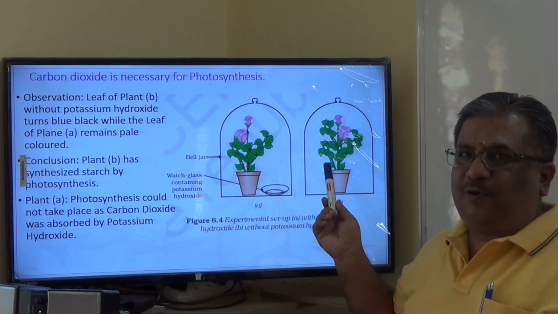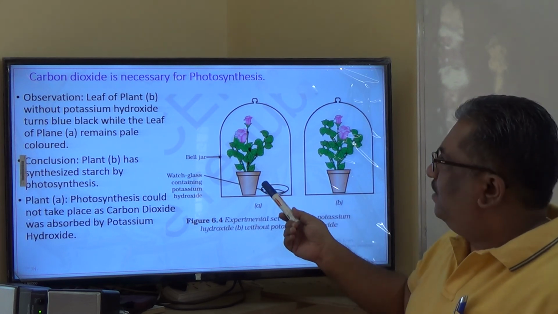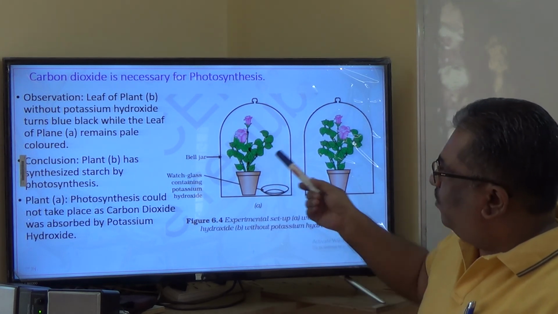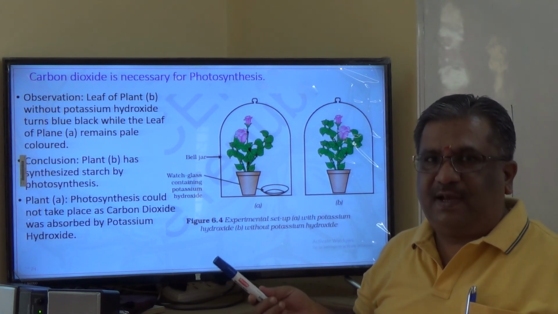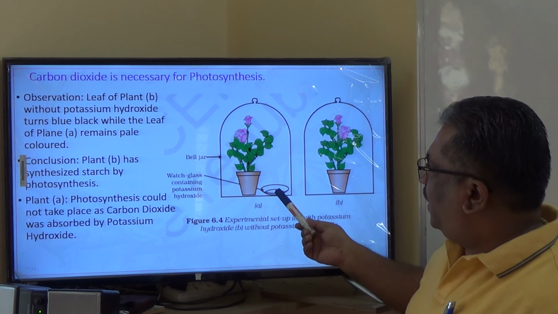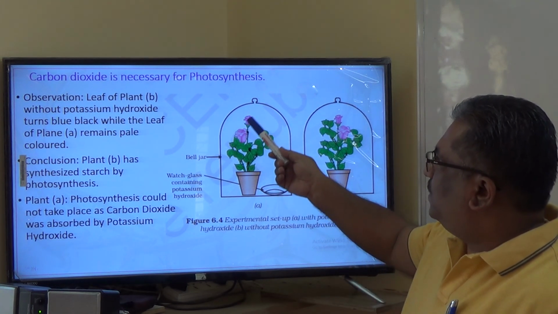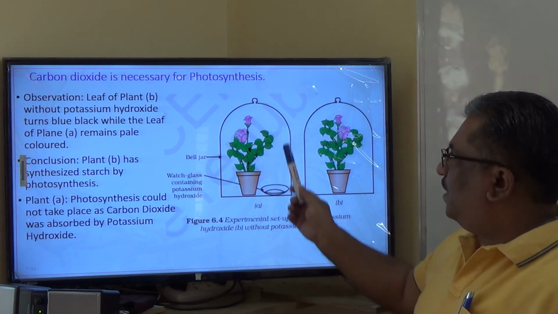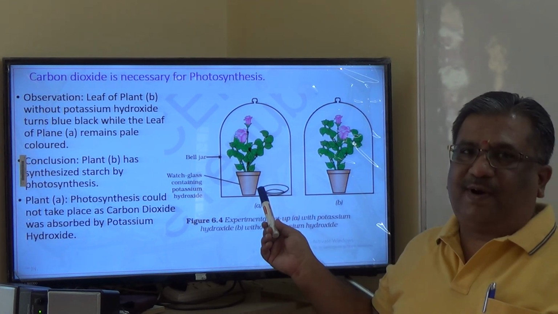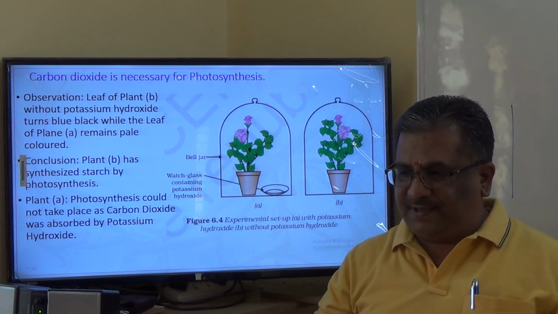Here photosynthesis took place and starch is produced. This plant did not produce starch because no photosynthesis could take place, because KOH absorbed the CO2 present here. Hence we can conclude CO2 is required for the photosynthesis process.